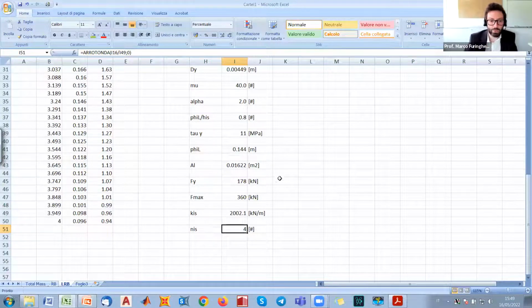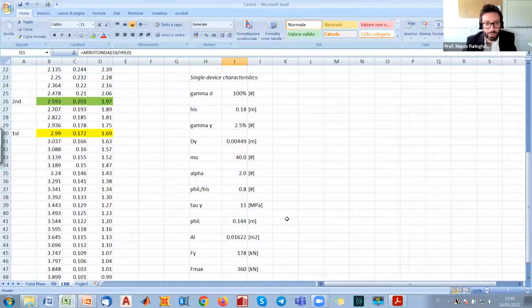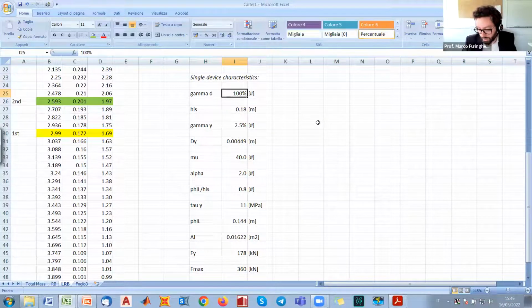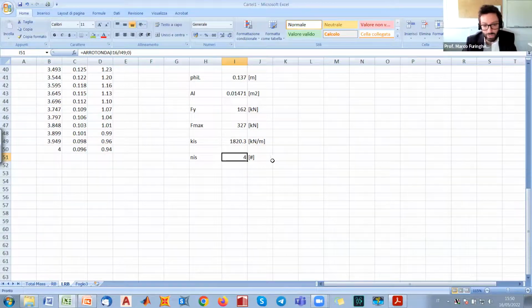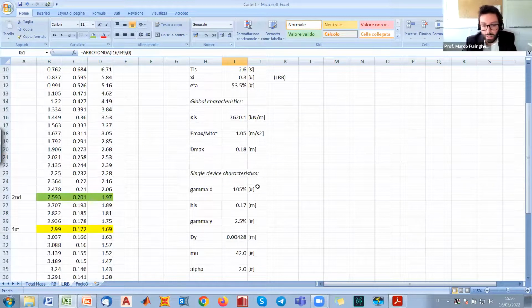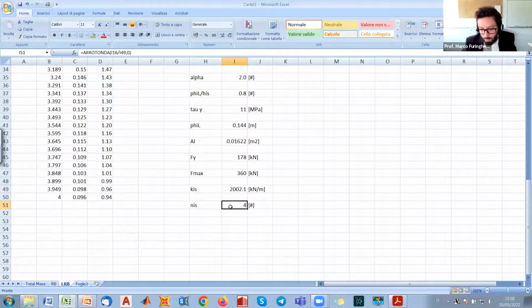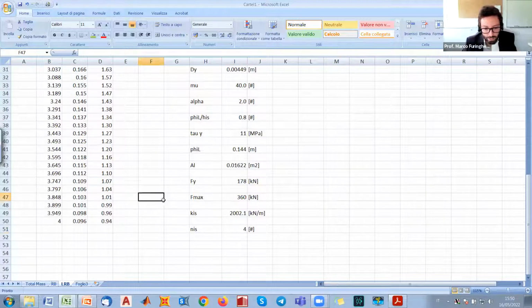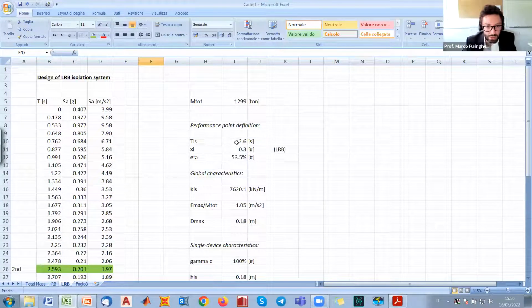So maybe there are also some other aspects to cover. Another issue could be to consider a maximum shear strain which is a higher value than 100, so for instance 105. Okay, still 4. But I think that with 100, that's it. We should consider also the period, because if we increase it, maybe we get something which cannot be.